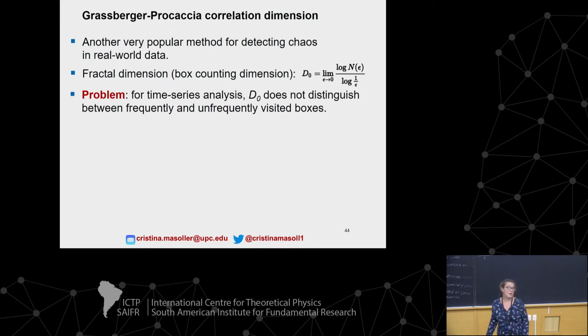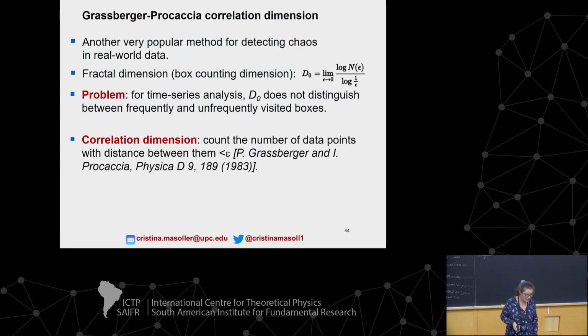But the problem for time series analysis is that this doesn't take into account how popular the different boxes are. Maybe one part of the attractor is only visited very sporadically. It has maybe a couple of points, and other parts of the attractor are very dense. So this box counting algorithm doesn't really take that into account. And then there is this correlation dimension, which, as I said, is a very popular way to compute a fractal dimension.